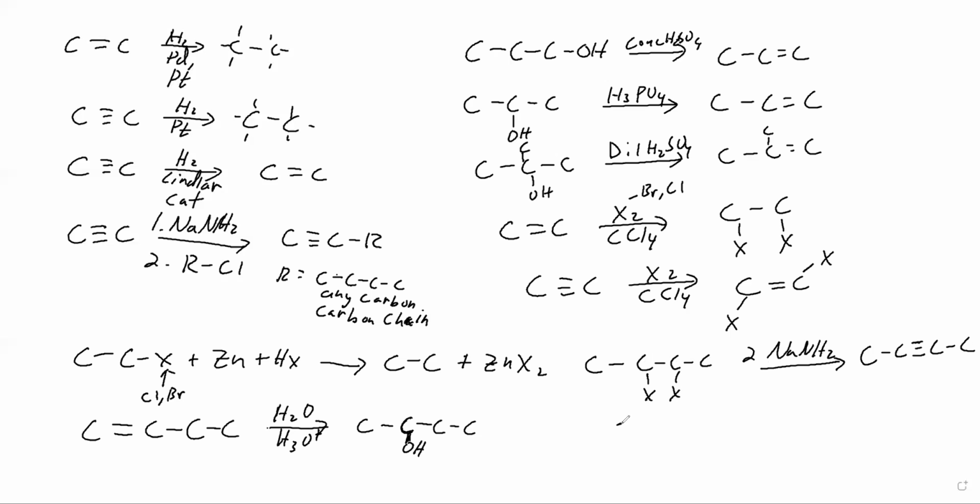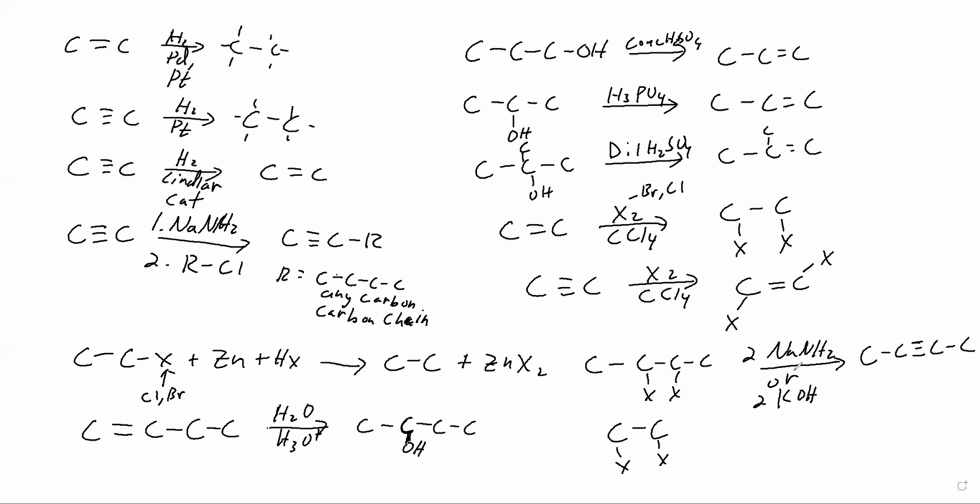If you have any one of these as a primary situation, so let's say these are both primaries, then you have to use what? Well, actually, there's a couple ways. 2 moles of NaNH2 will do this, or 2 moles of KOH will also work here.